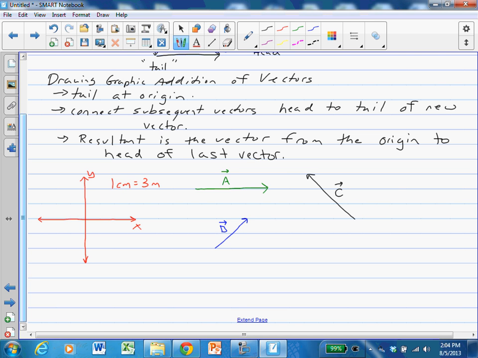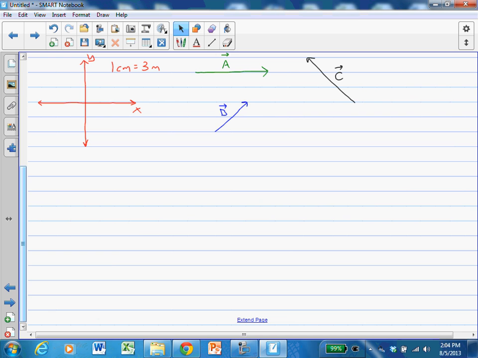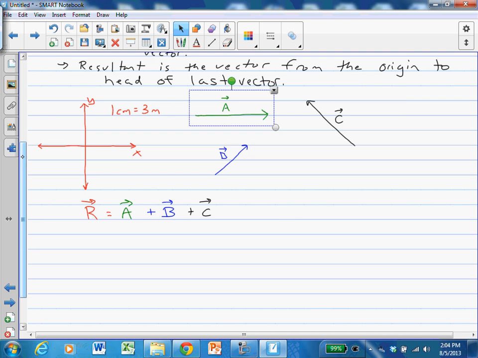Let's find the resultant, R, which equals the sum of vector A plus vector B plus vector C. Now, if I start with A here, it would be at my origin.